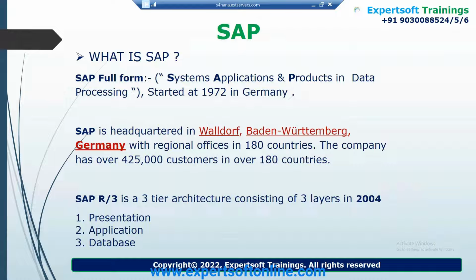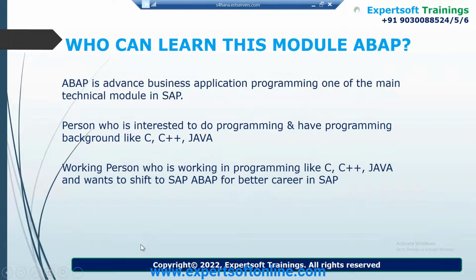Then there's the architecture, which we'll be discussing in the next slides in detail. It's a 3-layer architecture: presentation, application, database. Who can learn this ABAP language? According to me, anybody can learn ABAP.